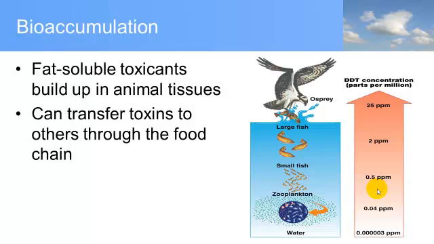So, for example, plankton in this example here is absorbing DDT from the water. The plankton then get eaten by little fish, who then pick up the DDT from the plankton. The little fish get eaten by the big fish, who in turn get eaten by the osprey. So even if the osprey was never near where the pesticide was applied, it ends up getting some of this pesticide in its body, which can lead to problems.